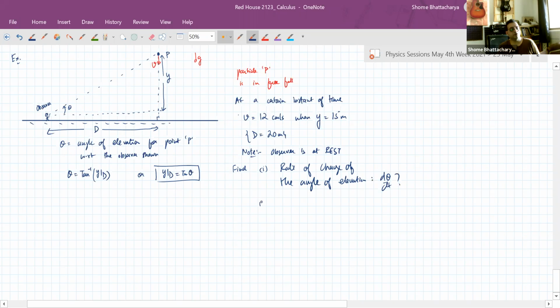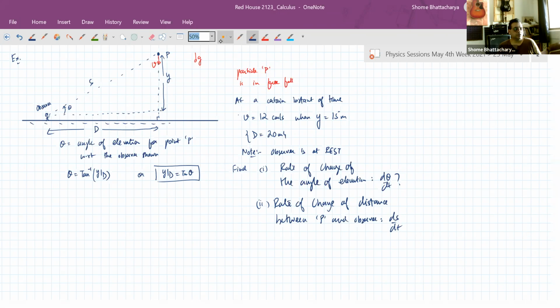And we want to find the rate of change of the distance between the particle and the observer. So we can say that is ds by dt, where s is the instantaneous distance from the observer to the particle. So we'll look at this next.